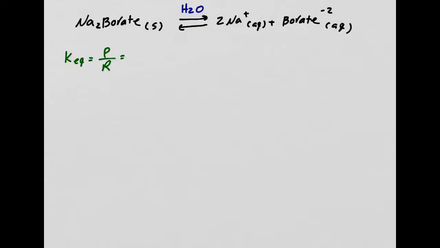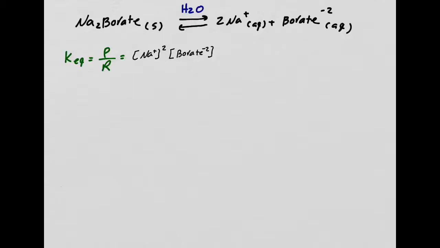My product is sodium plus. I have 2 of it, so to the power of 2. So concentration of sodium plus to the power of 2. And then concentration of borate, and I only have 1, so concentration of borate to the power of 1.